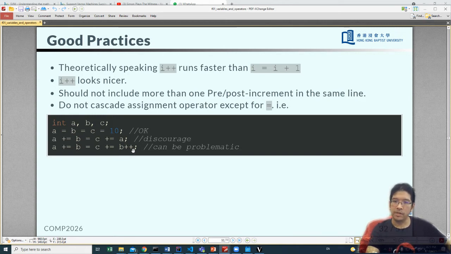Also, for the last one, if you have assignment operators with the value b here, that could create some problems. You're not really sure when this b is happening, and when this b will be assigned. Okay, so try not to do these things and try to make your program simple.